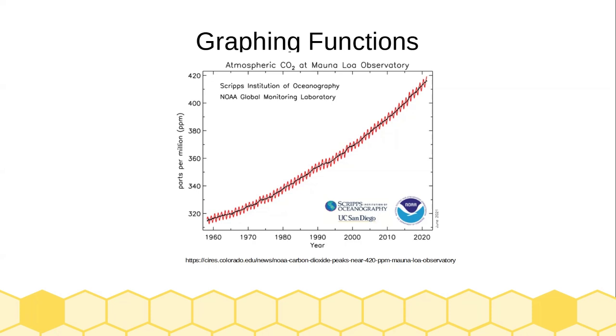But when you want to look at the overall trend, you need to account for this variation in the red lines. So the overall trend is going to be the black line that you see.